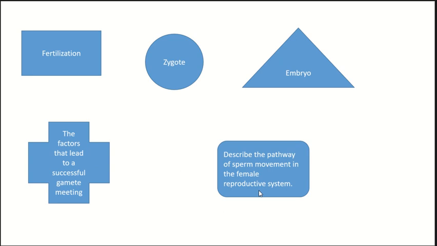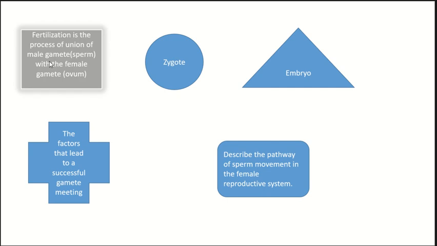Now, in this slide, I want you to self-evaluate by mentioning the definition of each statement. Okay? So, first statement is fertilization. What is fertilization, or define fertilization? Fertilization is the process of union of the male gamete, which is the sperm, with the female gamete, which is the ovum.